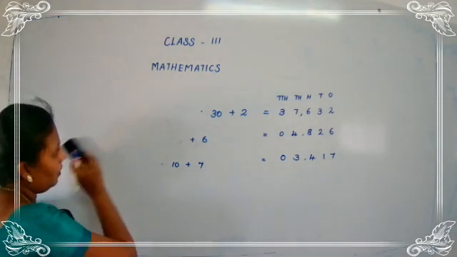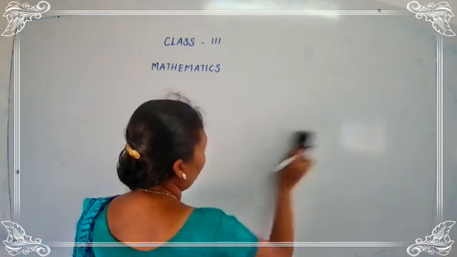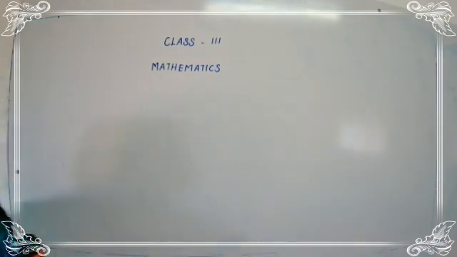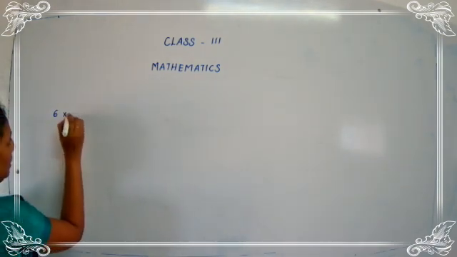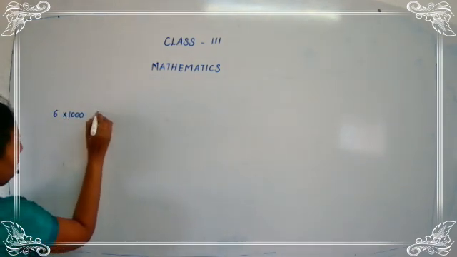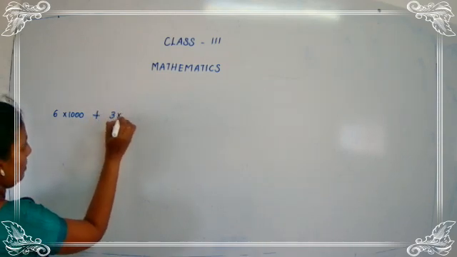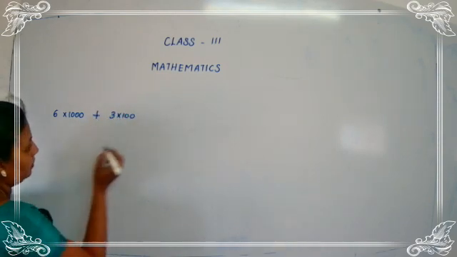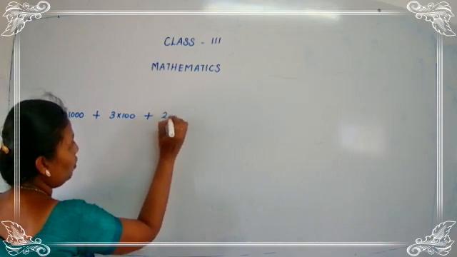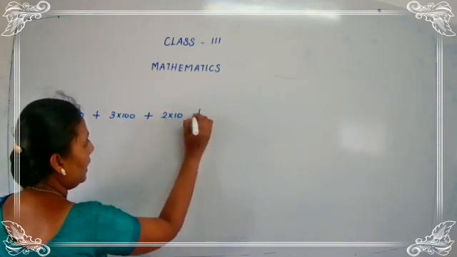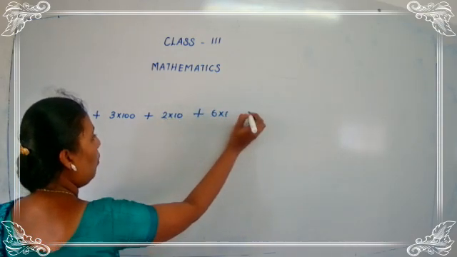Expanded form, second way is finished. Then another way, the third one. 6 multiplied by 1000 plus 3 multiplied by 100 plus 2 multiplied by 10 plus 6 multiplied by 1.